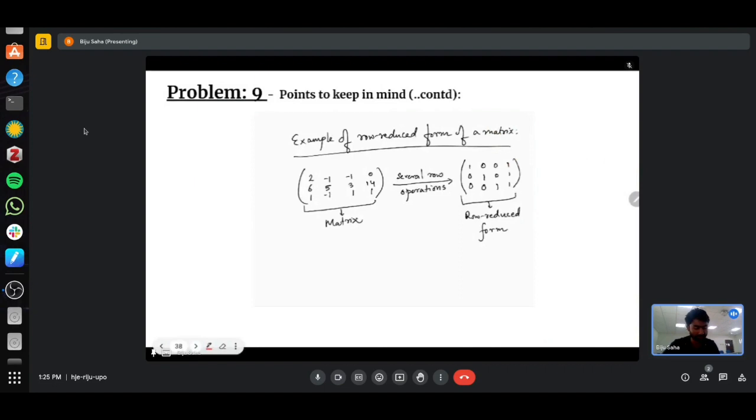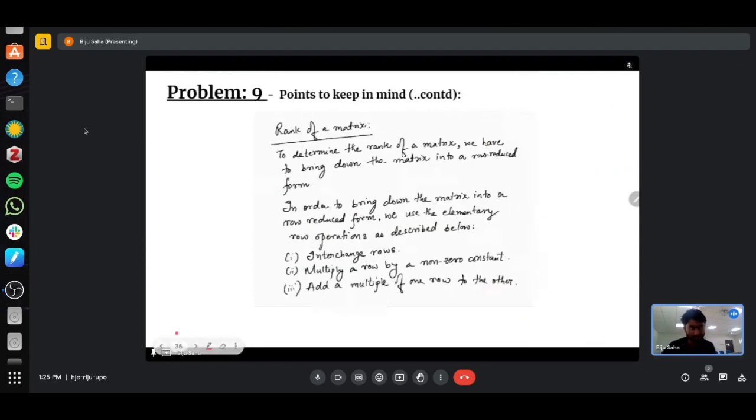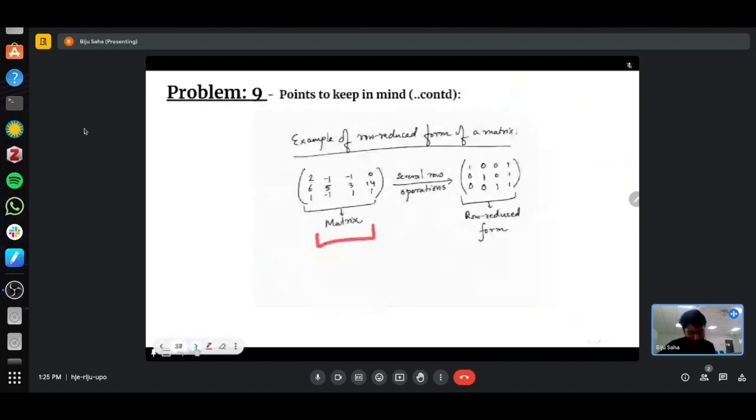This is an example. Suppose you have this matrix, then you perform several allowed row operations: interchanging rows, multiplying a row by a non-zero constant, and adding a multiple of one row to another. You perform these 3 operations suitably, and then you bring it down to a row reduced form. This is the matrix and this is a row reduced form. You can see all of the conditions are satisfied. The leading entry is always 1, and the column which contains the leading entry has all other elements 0.